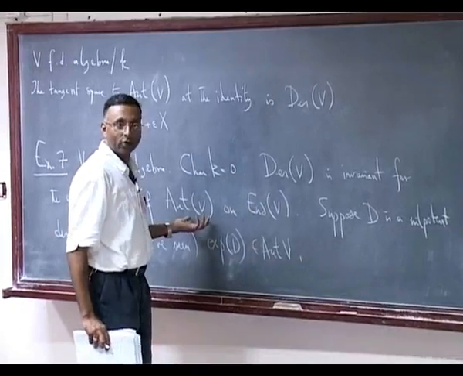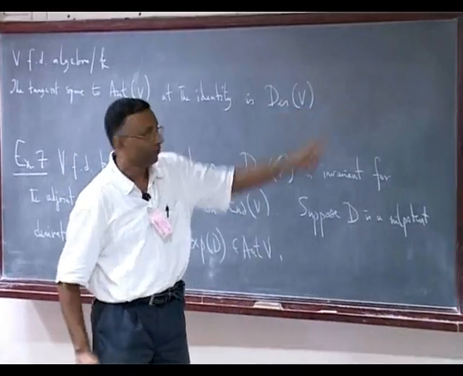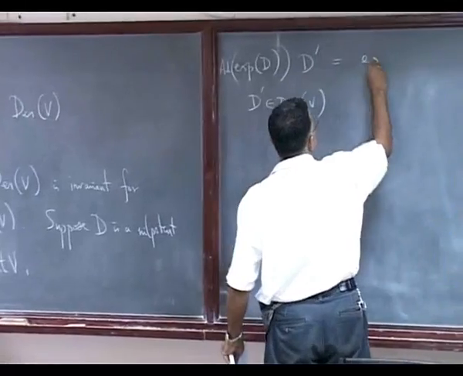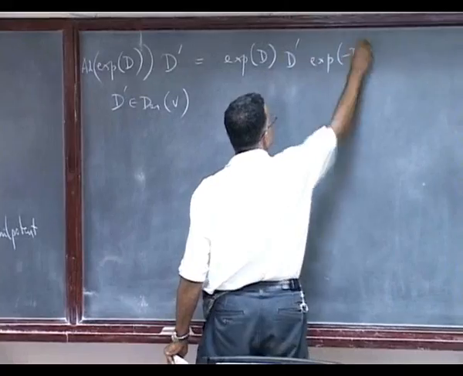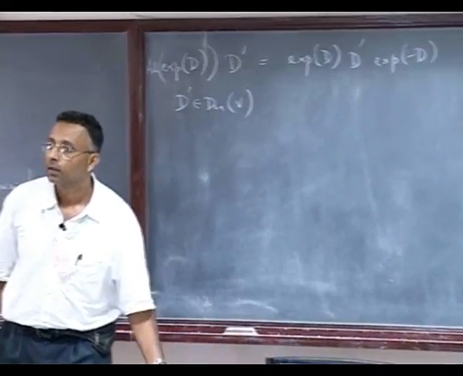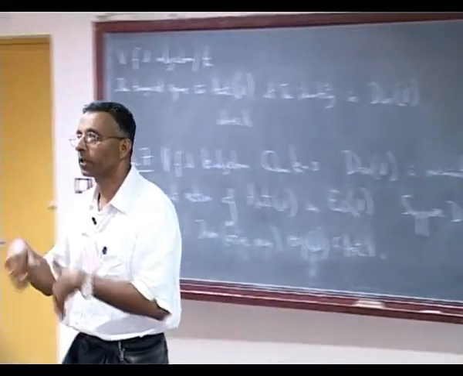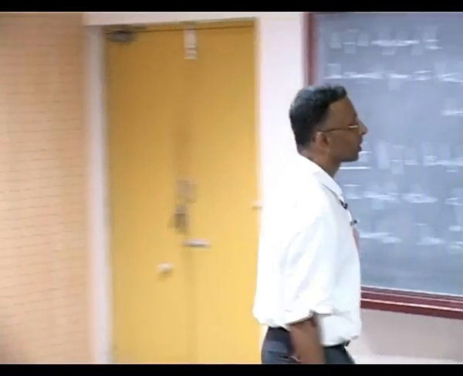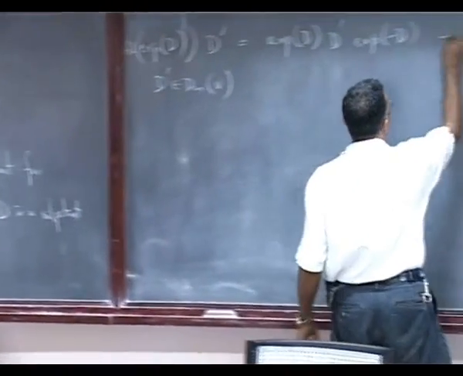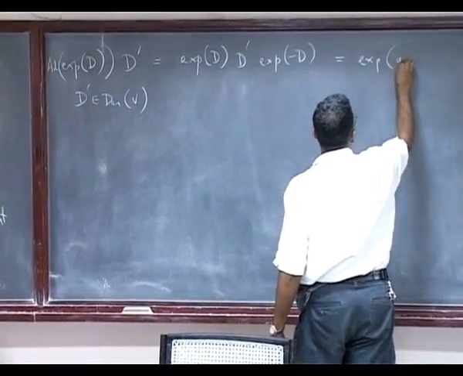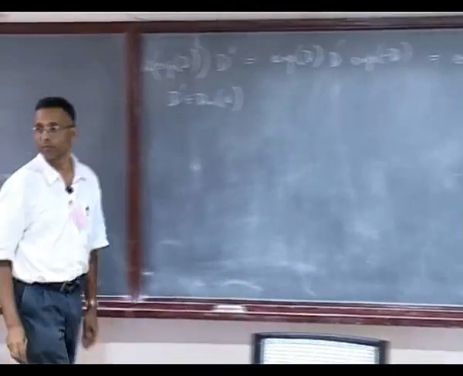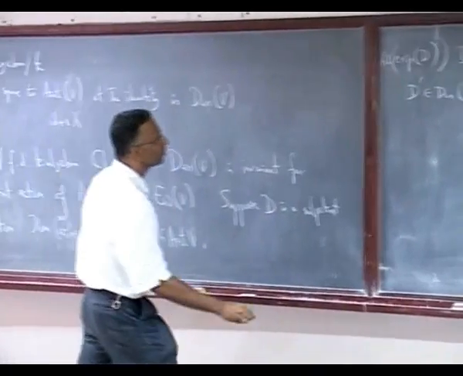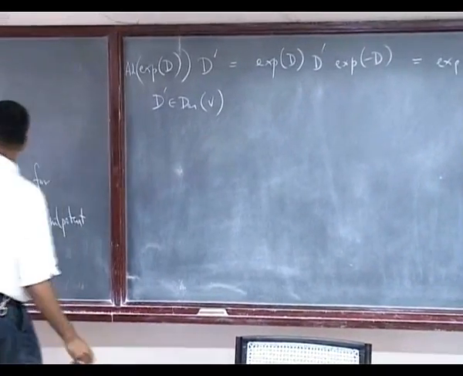You can just verify that the inverse of exponential of D is exponential of minus D. So what is this equal to? This is equal to exp of ad D on D prime. This is the formula. So this is the exercise you have to prove. So prove that this is the case.